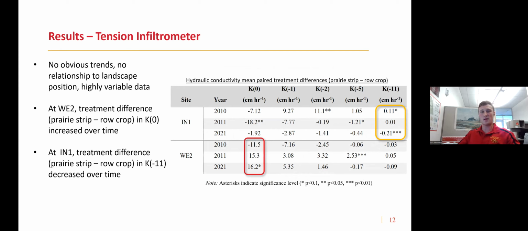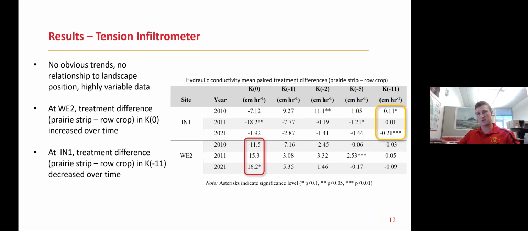If we zoom in on the red box at the Weaver 2 site, in 2010, the row crop had greater saturated hydraulic conductivity than the prairie strip. But over the course of 11 years, after we tested again in 2021, the opposite was observed, and we had significantly higher saturated hydraulic conductivity in the prairie strip than the row crop.